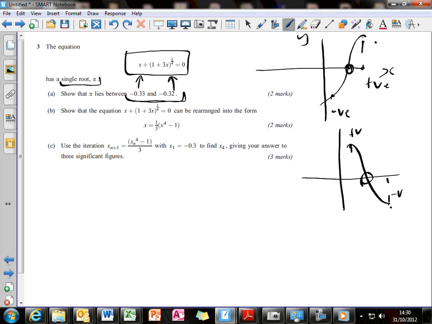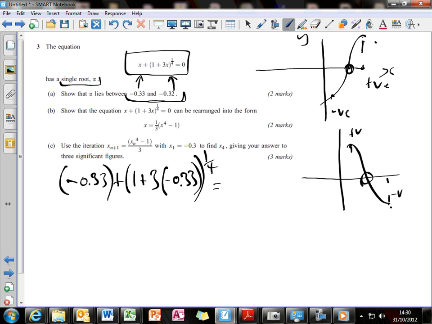Okay. So we're going to put in minus 0.33 plus 1 plus 3 times minus 0.33, and that's all to the power of a quarter. If we do that, we get minus 0.01.